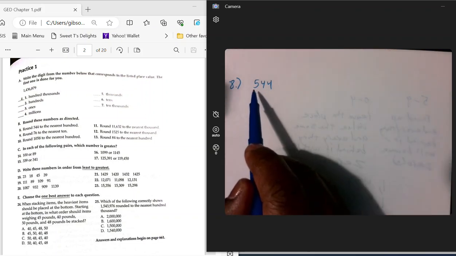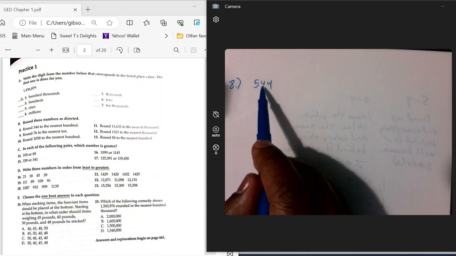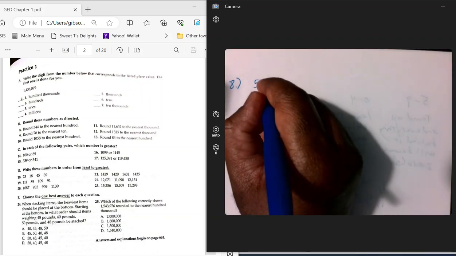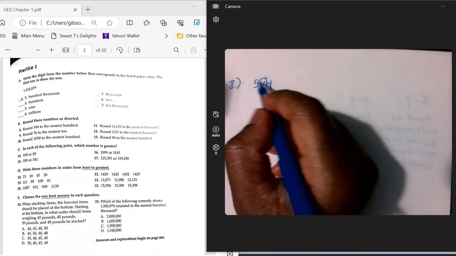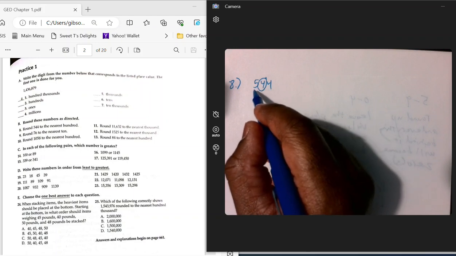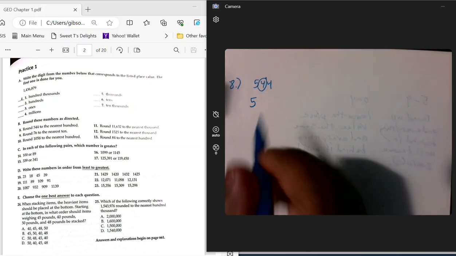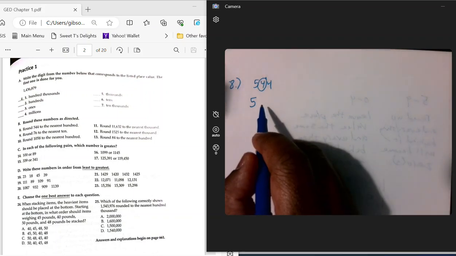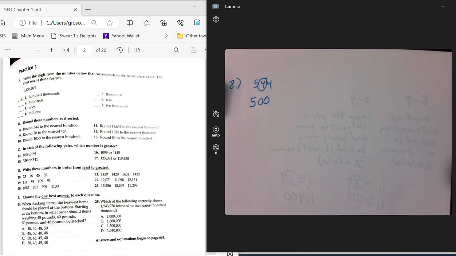So they want us to round to the hundreds place. So again, we go to the place value directly to the right of it, which is tens, which is this 4. So now we know from 0 to 4, we don't round up. We leave this place value the same. So we'll bring down our 5. Everything behind the 5, because we're not dealing with decimals, becomes 0. So our final answer here for number 8 is 500.